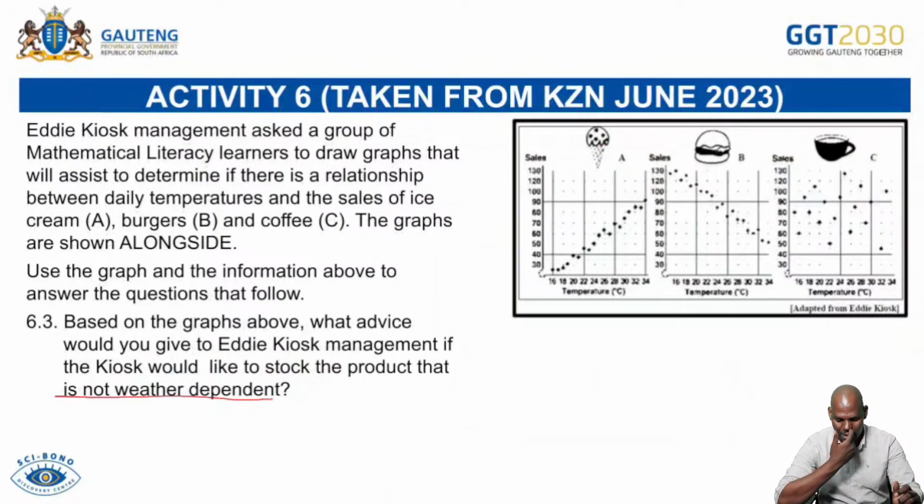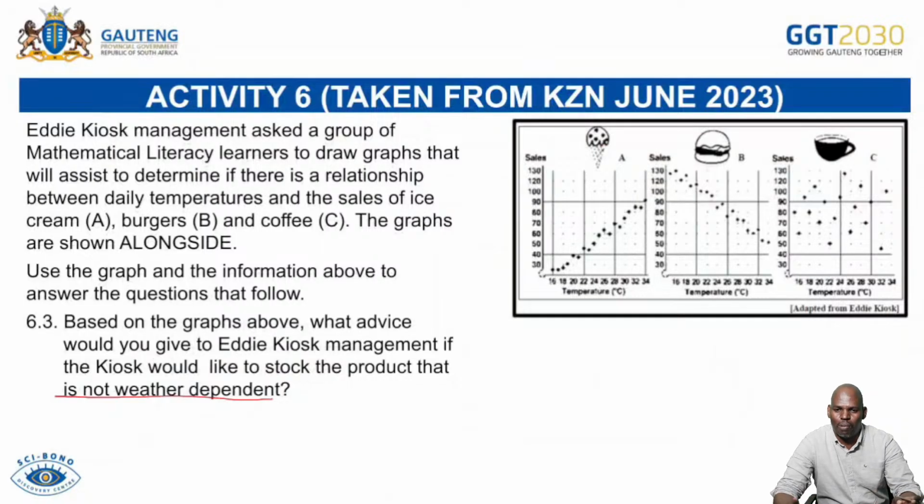We all know that for ice cream, most people will buy an ice cream when it's hot. And with regard to burger, when the temperature increases, the number of burgers decreases. So when it's hot, people will not buy burgers.